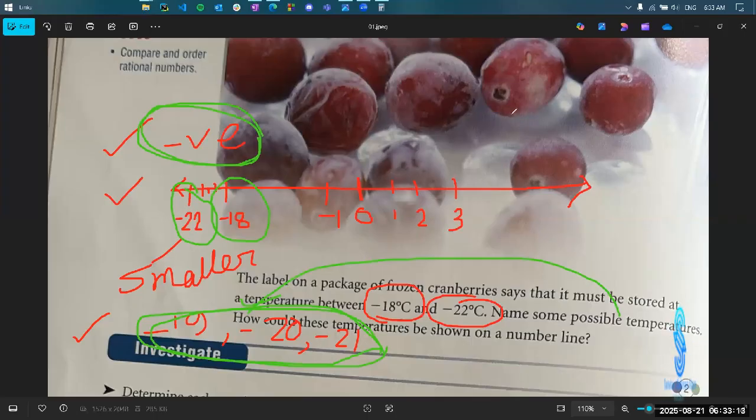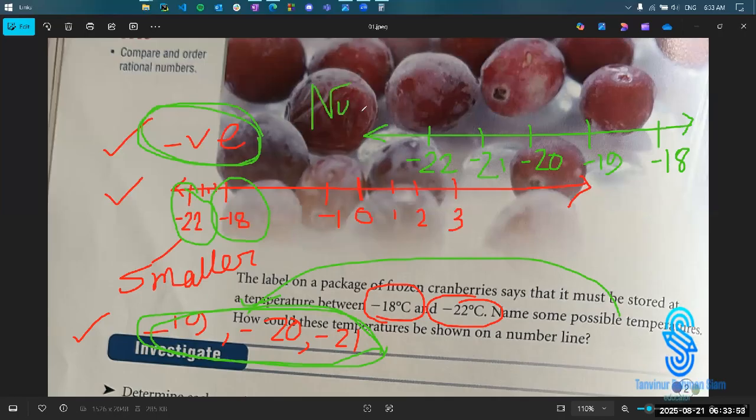You will draw the number line, and after that you can write -22, then -21, then -20, -19, and then -18. These are the possible degrees Celsius at which you will be preserving your fruits.